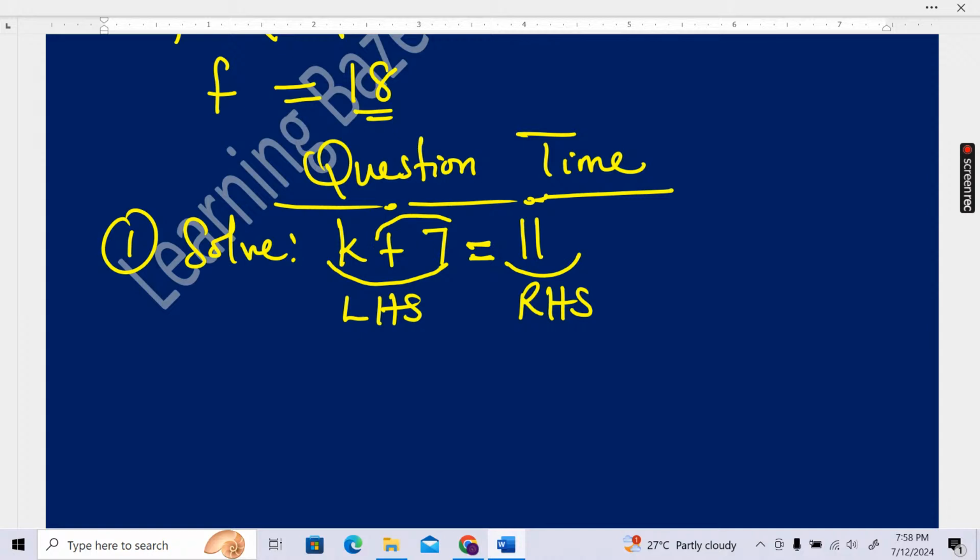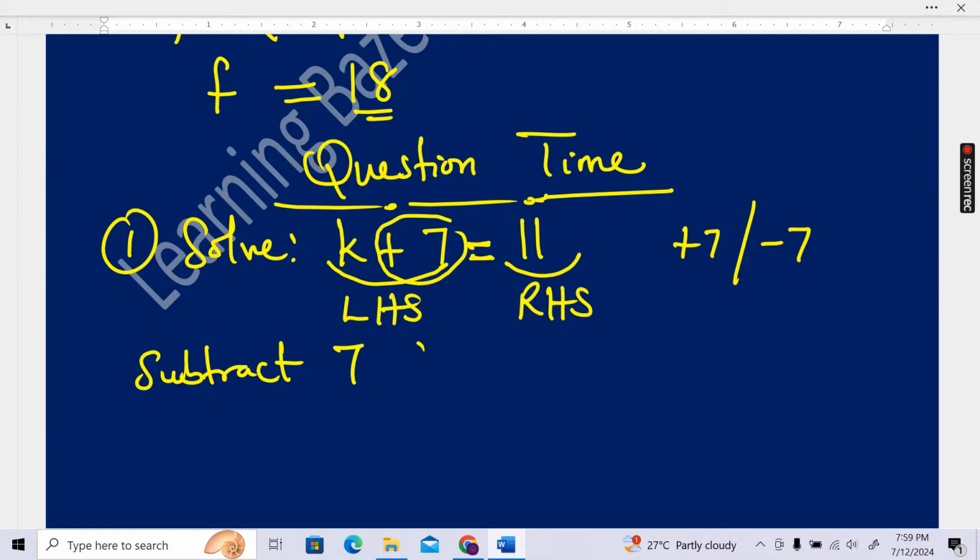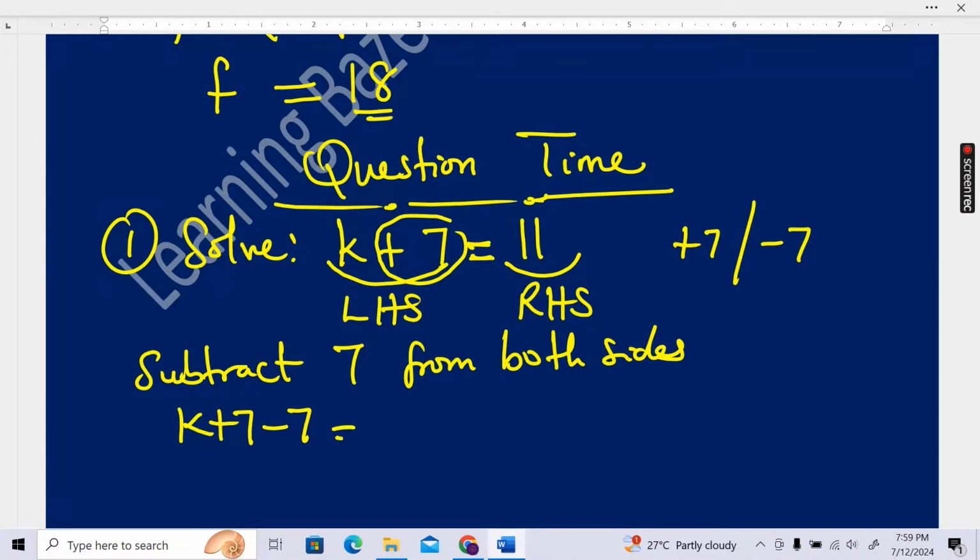So we're going to get rid of plus 7. The opposite of plus 7 is minus 7. So we will say subtract 7 from both sides. So that will be k plus 7 minus 7 equals 11 minus 7.